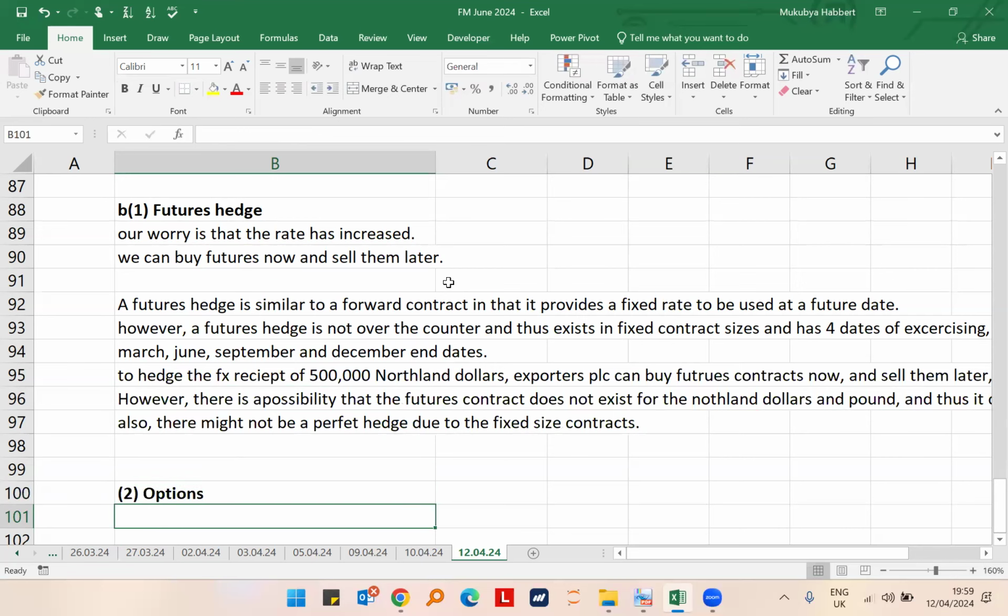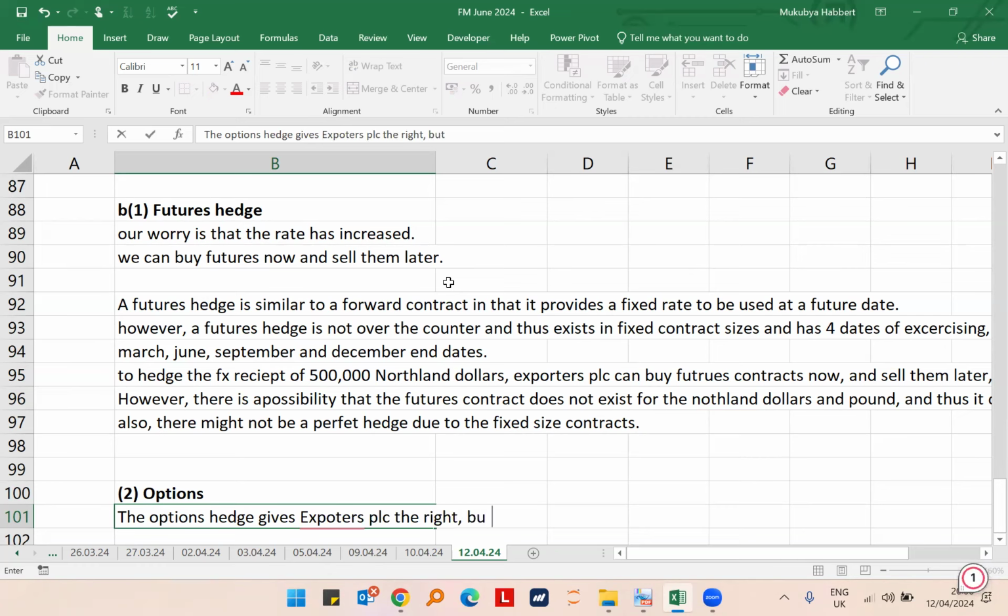So the options hedge gives Exporters PLC the right but not the obligation to exchange an amount at a fixed rate at a future date.